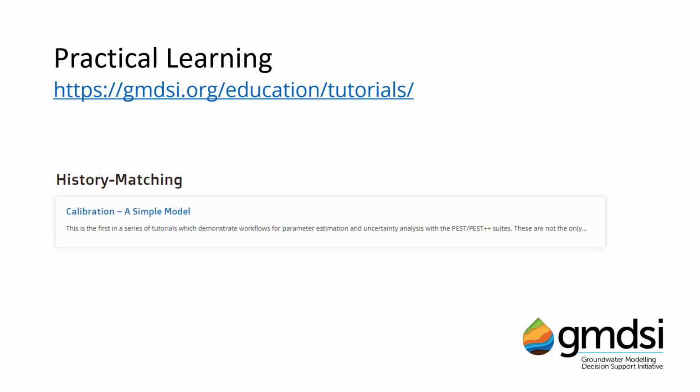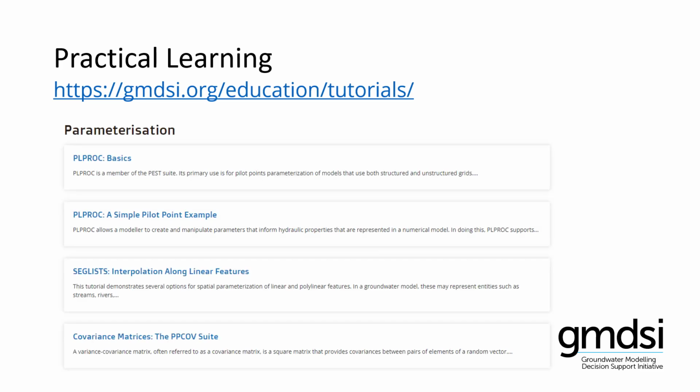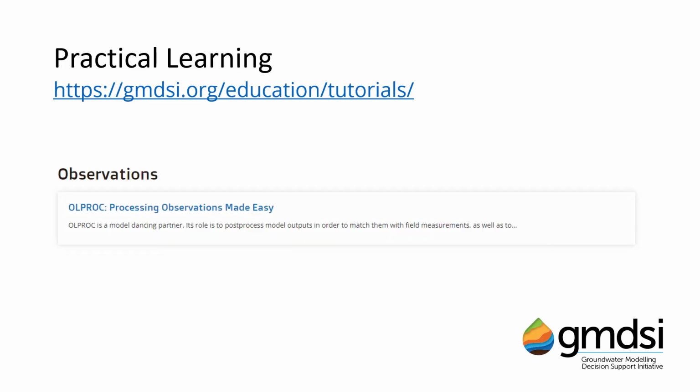From here, you may want to move into tutorials on parameterization, so to understand how pilot points work as parameterization devices, and how to specify covariance matrices, which are used to express prior knowledge of geological heterogeneity. From there, you may wish to go through the tutorial on OLPROC, which demonstrates the use of a utility to post-process model outputs into secondary observation types, amongst a few other things.